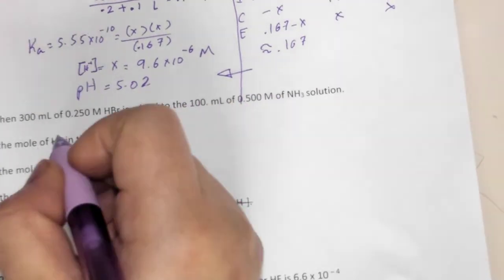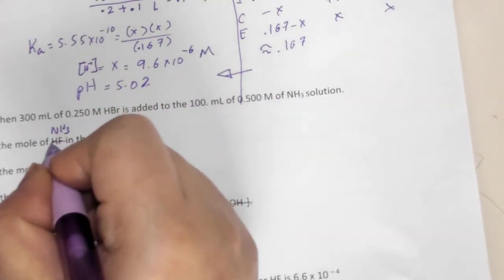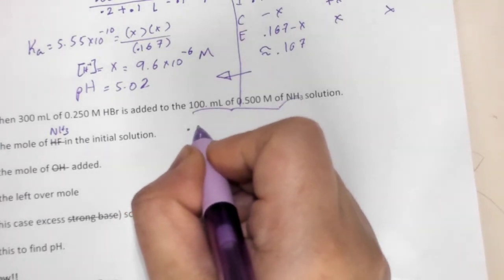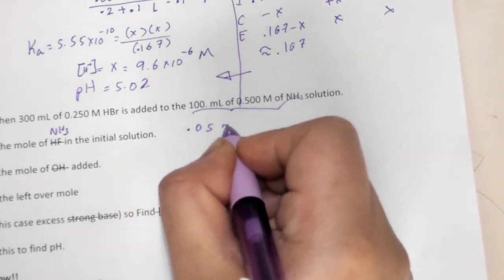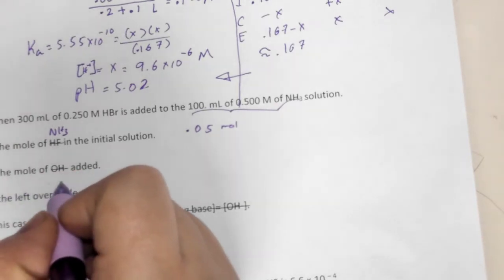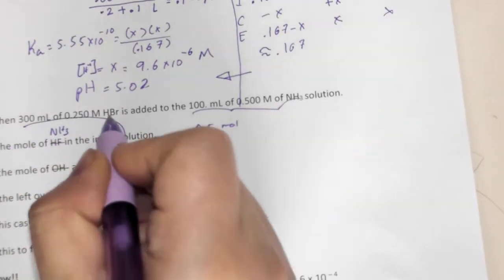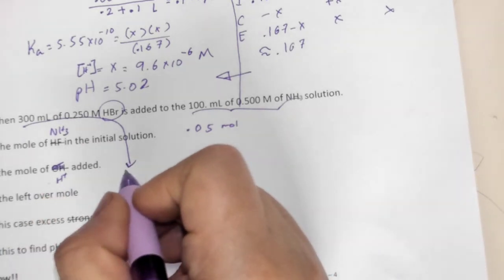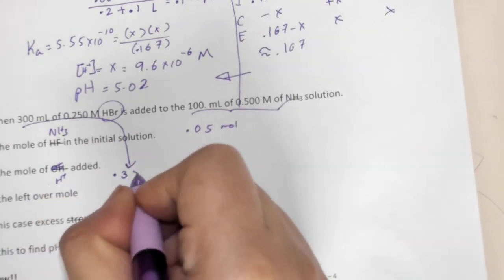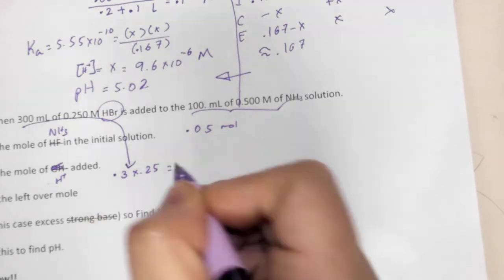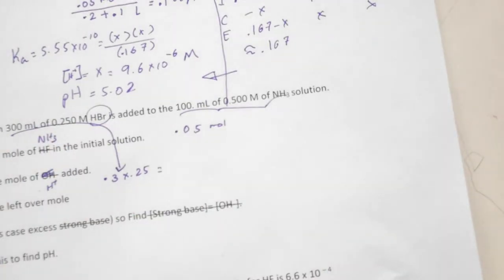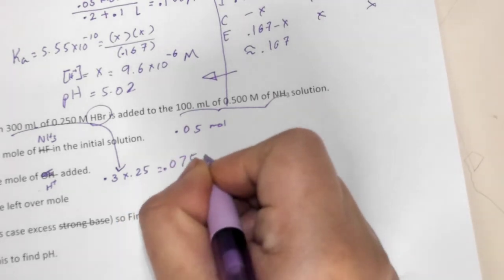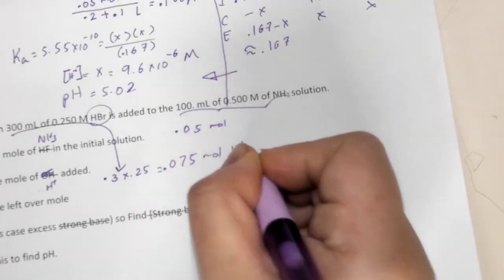Find the mole first, initial, which is in this case NH3. That's in the solution right here, we have done it. This is 0.05 mole. Now instead of OH minus added, in this case it's HBr, so that means that's an H plus. Okay, so that would be 0.3 times 0.25, so 0.075 mole of H plus.